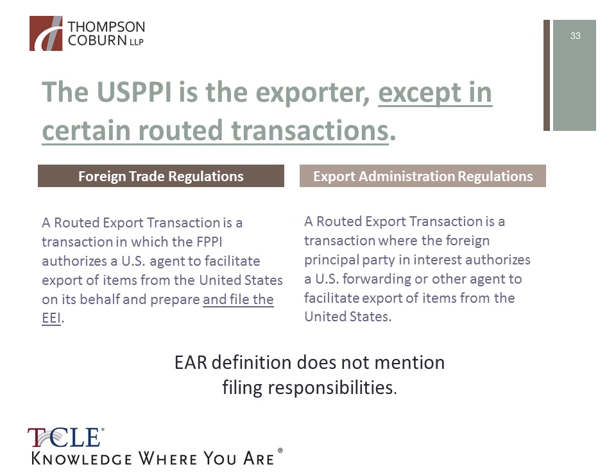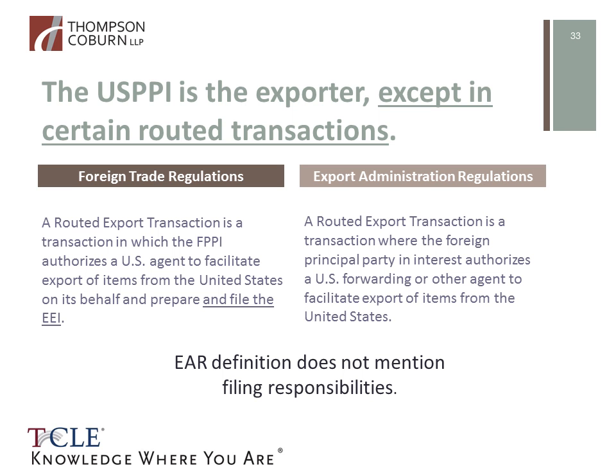Here's the definition of routed export transaction under the census regulations, the foreign trade regulations, and under the export administration regulations. So under the census regulations, you have to have both the agent facilitating the exportation of the items from the United States and the filing of the electronic export information.